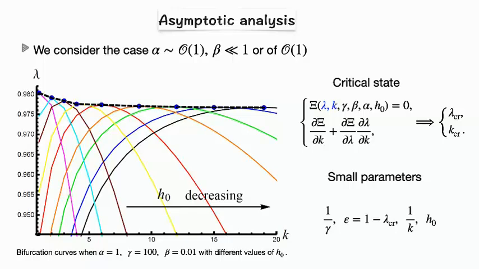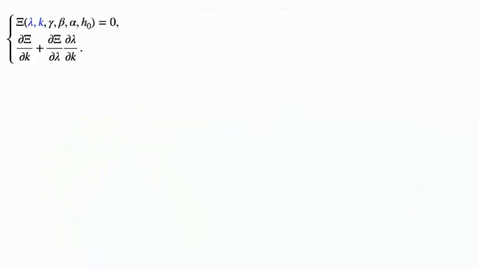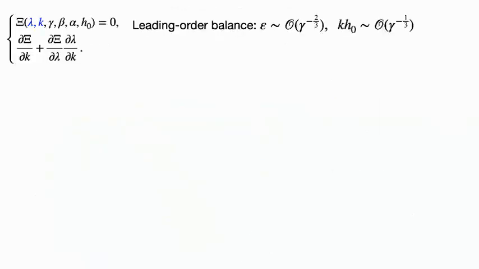So we have 4 small parameters. We need to make an order analysis. First, from the leading order balance, we know that in this case, epsilon is of order gamma to the power minus 2 by 3, and kh0 is also small.